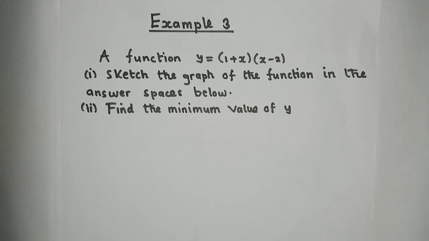A function y is equal to 1 plus x inside the brackets, x minus 2 inside the brackets. Question 1: sketch the graph of the function in the answer spaces below to find the minimum value of y.